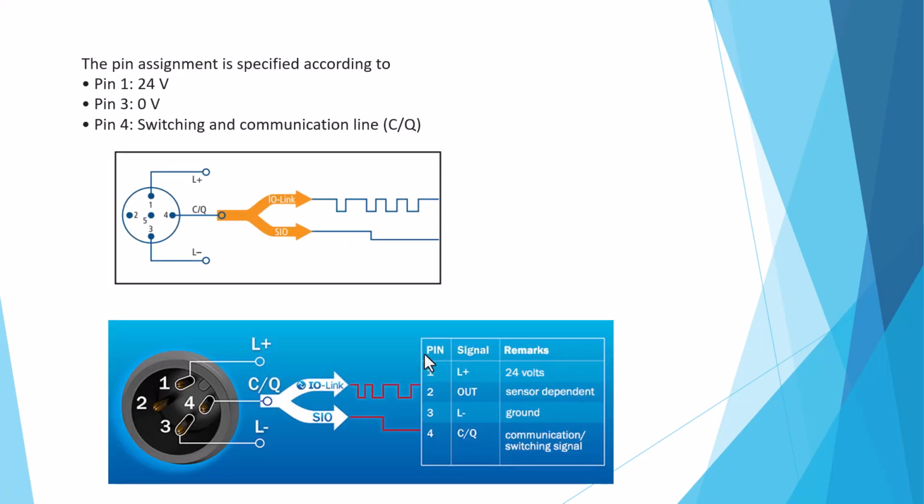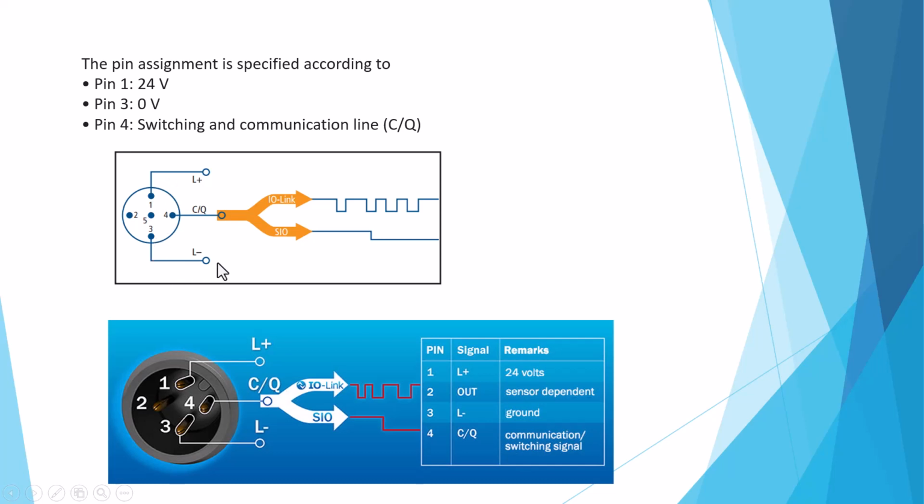Okay, IO-Link uses 24 volts. The IO-Link master has sockets, and every socket has 5 pins. Most of the time we use pins 1, 3, and 4. Pin 1 connects to 24 volts positive.